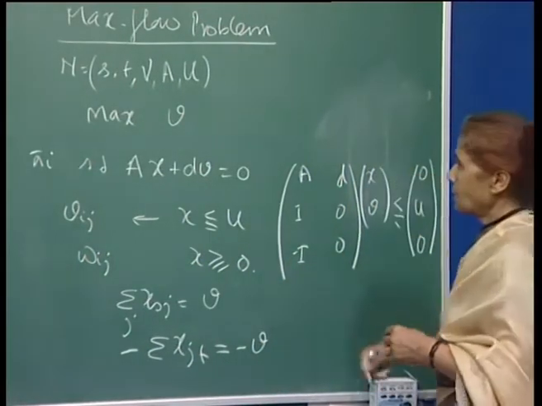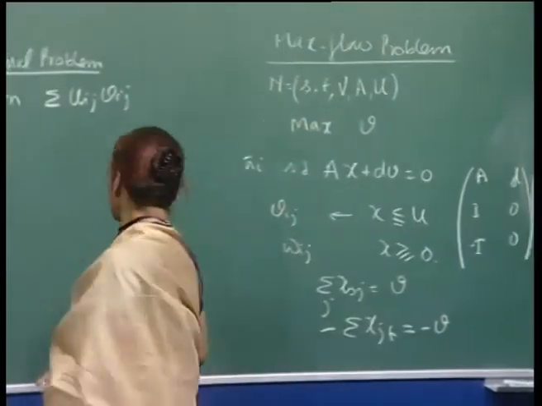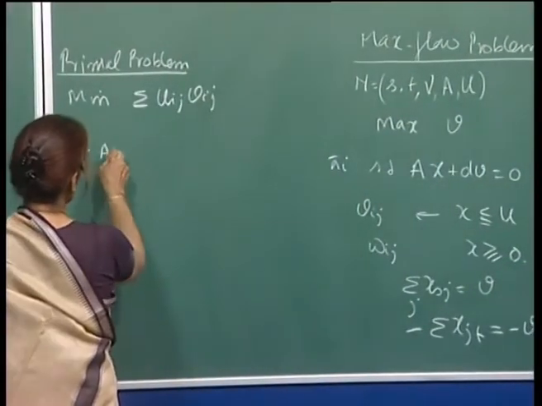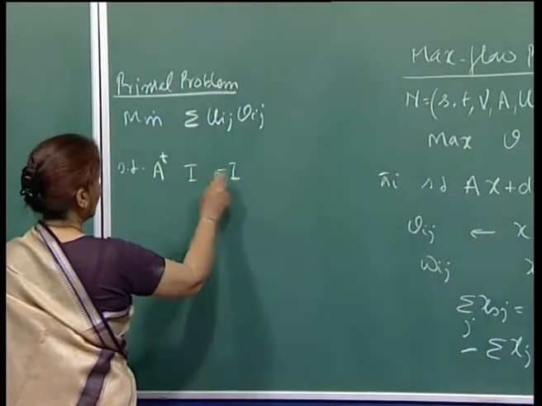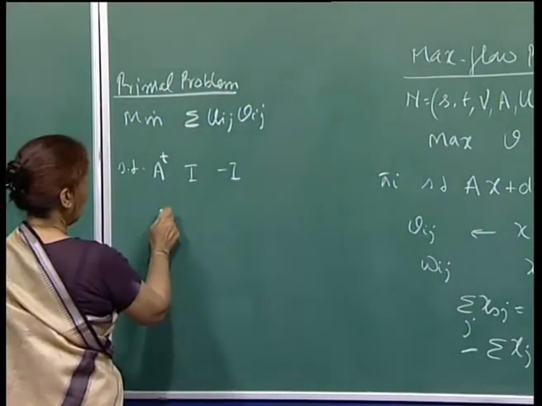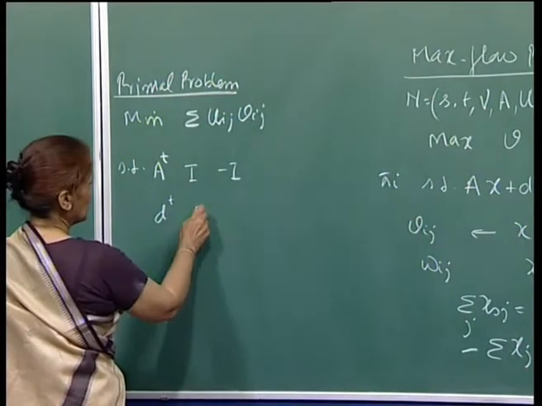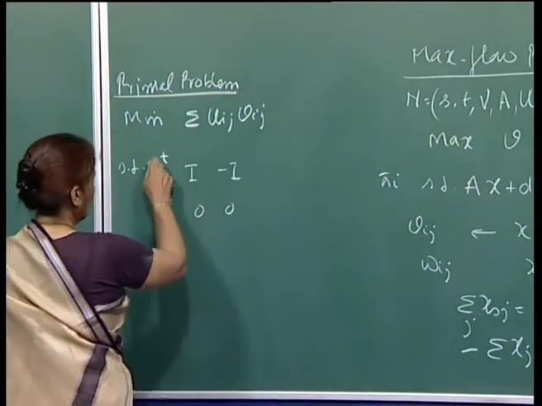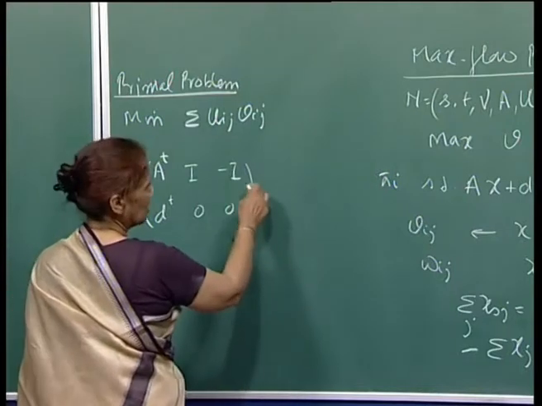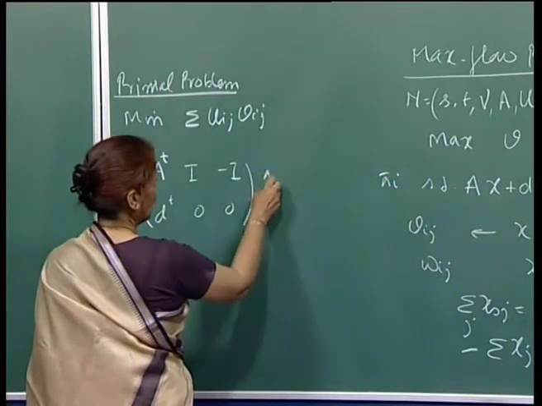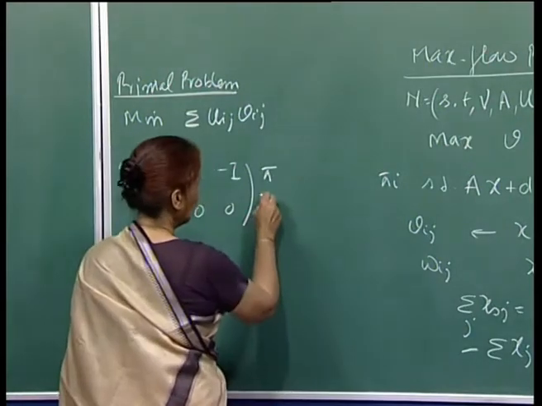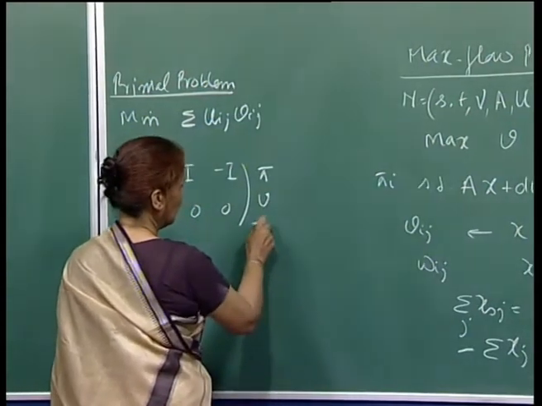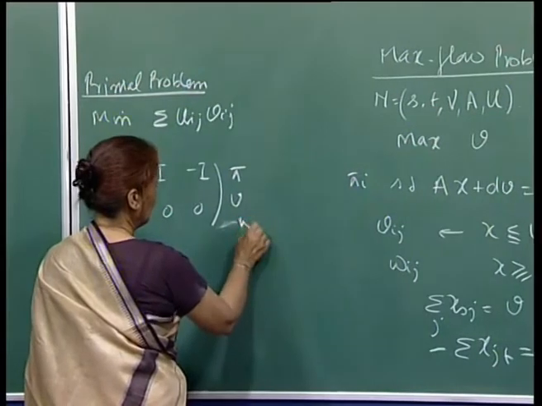So in the dual, what will you have? The transpose of this, which will become A transpose, I, minus I, and then you will have D transpose, 0, 0, right. And remember, with this you have the variables pi, and with this you have the variables v, and then you have minus w.